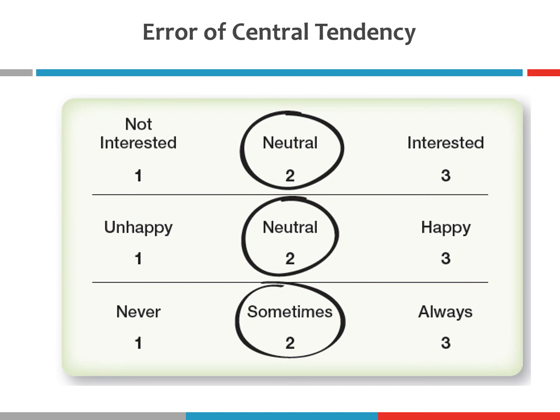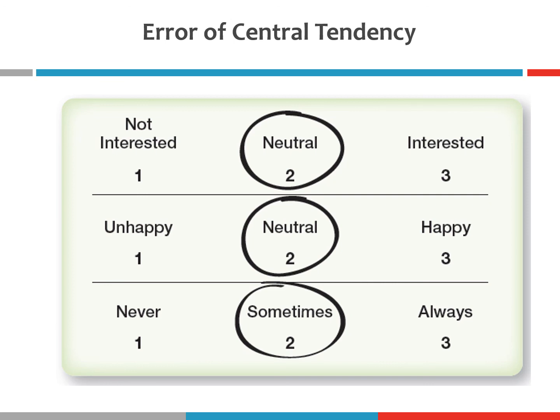Okay, so like I said, Likert scales have a lot of advantages, but they also impose problems. One of those problems is something called the error of central tendency. The error of central tendency is the tendency for respondents to place most items in the middle of a rating scale rather than choosing the most extreme cases.